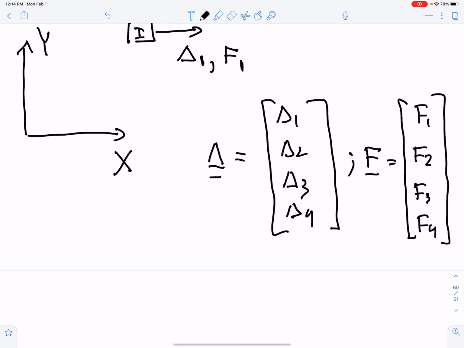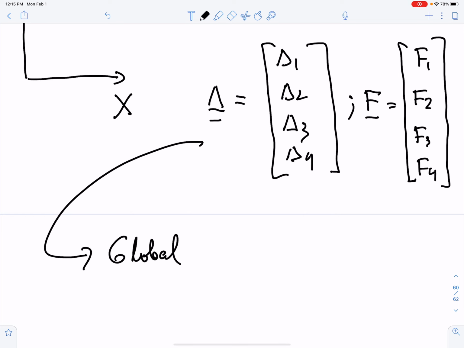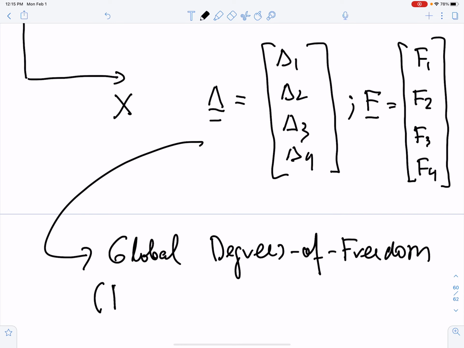These are called global degrees of freedom, or DOFs, at element nodes.